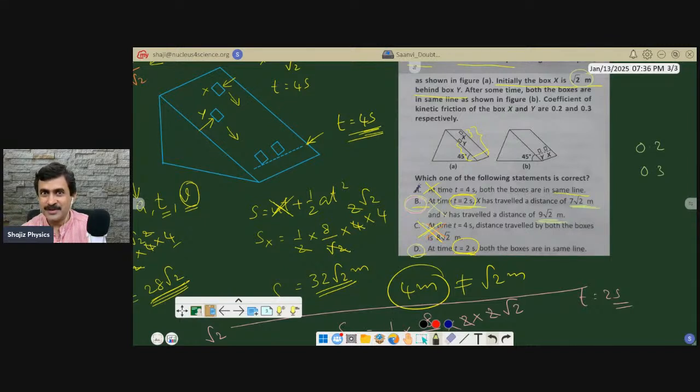It is also not possible. So we can logically eliminate two options, both B and C. So the remaining options are A and D alone. Okay. Now we have arrived at the solution.